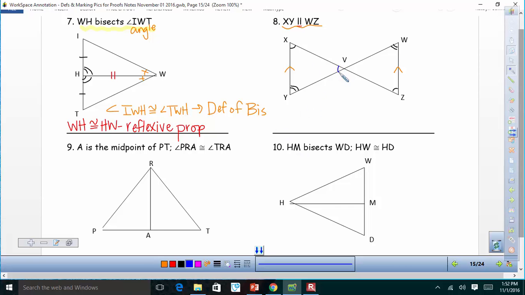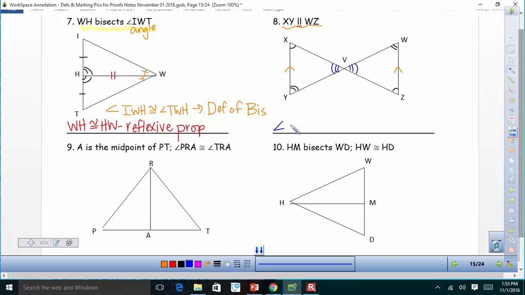Vertical angles. So this angle is congruent to this angle. So I'm going to put angle and this angle right here. I can't label it V because both of these could be V. This one would have to be WVX. Could it be XVW? Oh, thank you. It would be YVX.